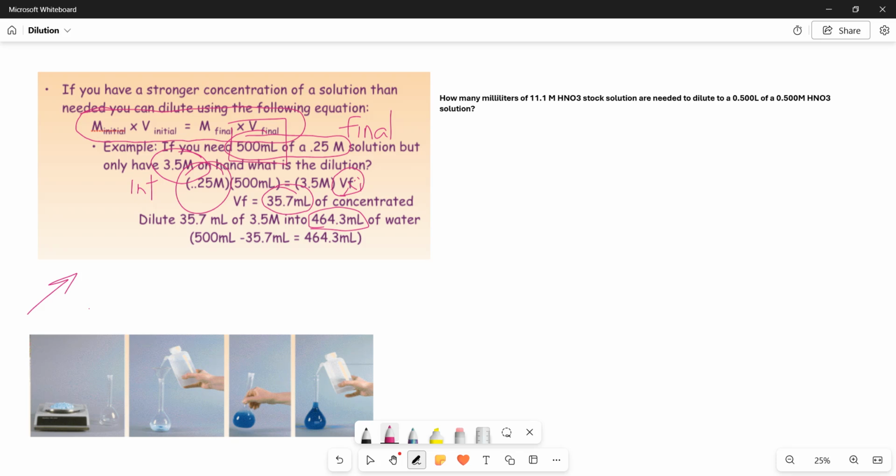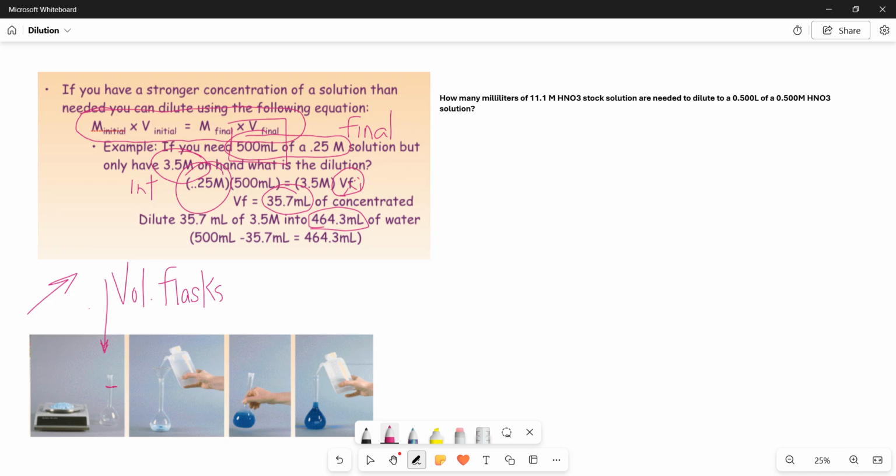Now, down here below, I have a picture of the process of making a solution. And the picture of the flask there is what we call a volumetric flask. And that is even better for making solutions and dilutions because they have a mark somewhere up here on the neck of the flask. It has a mark telling exactly how many milliliters to that mark when the meniscus comes up.